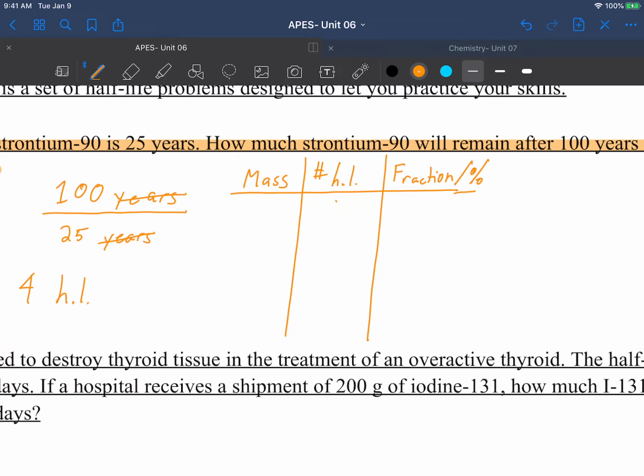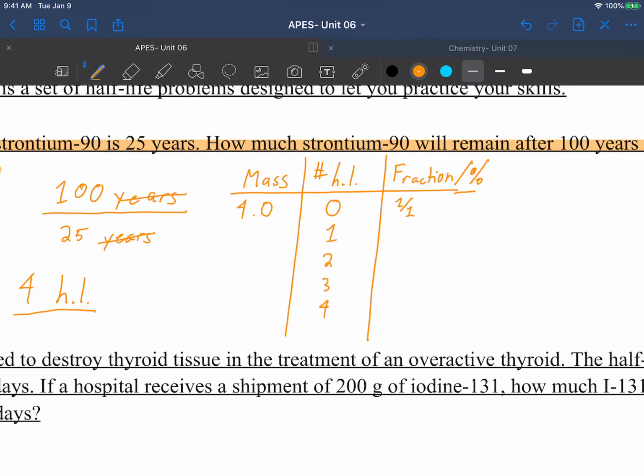So our half-lives are always going to start at 0, then 1, 2, 3, 4. Not all of these will stop at 4, but I know that after 4 half-lives, I'm done. At 0 half-lives, at the beginning of my time, I have 4 grams, and my fraction would be 1/1.